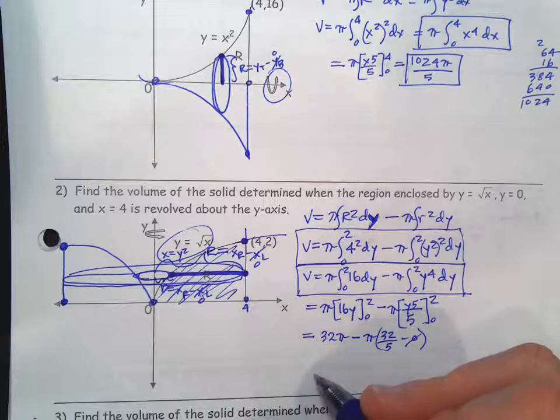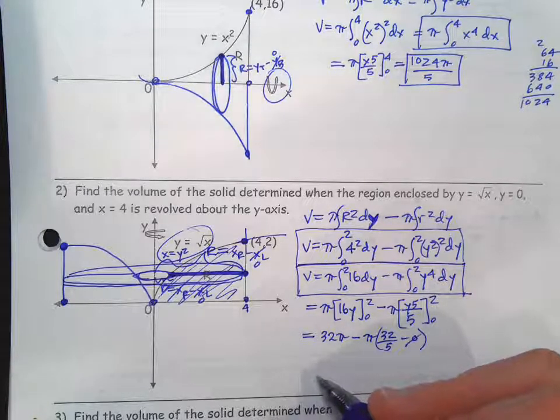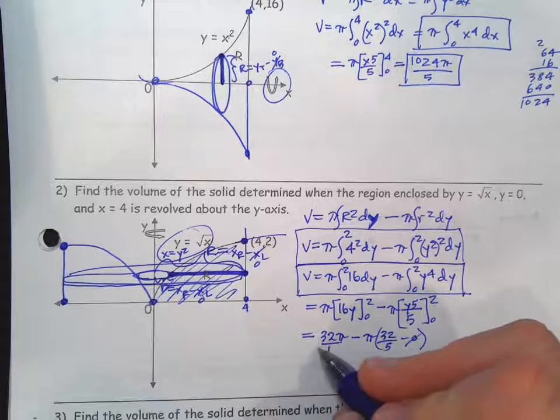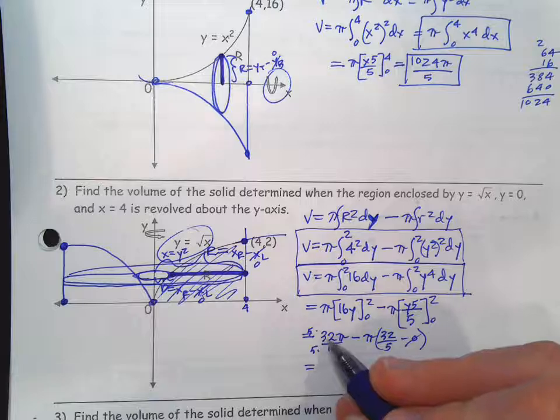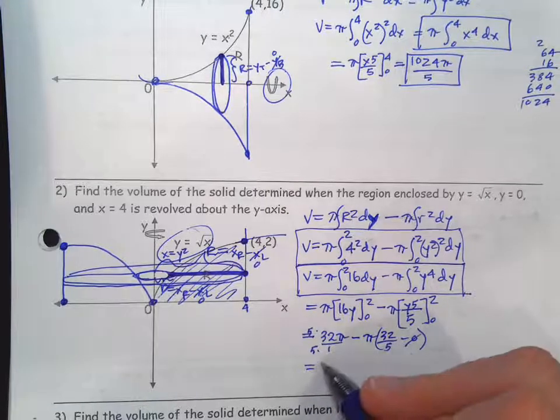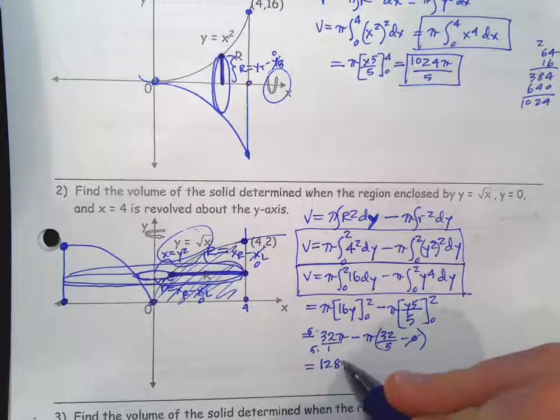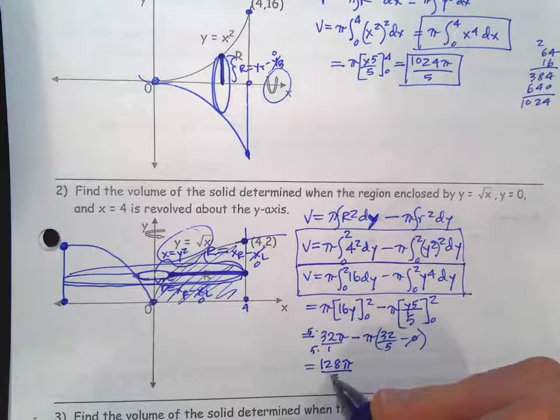So we could give these guys the least common denominator, and it'd be 5. So multiply top and bottom by 5. So that's going to be 160 minus 32 is 128 pi over 5.